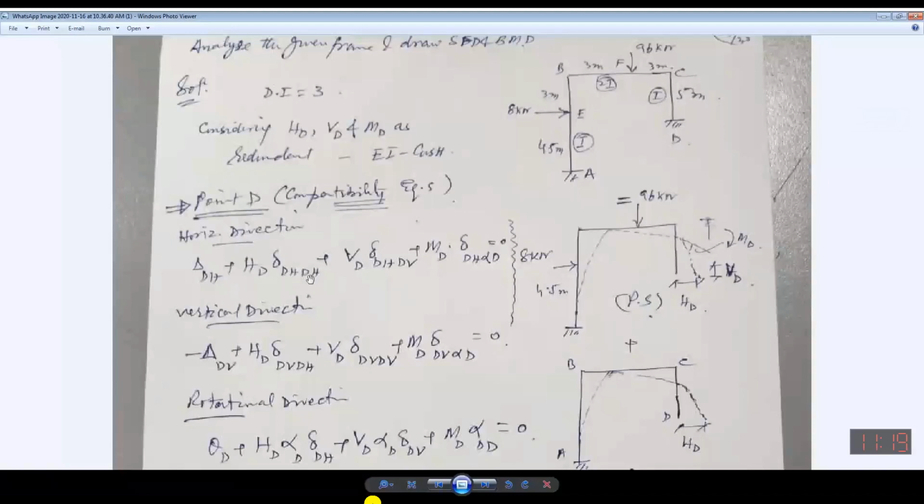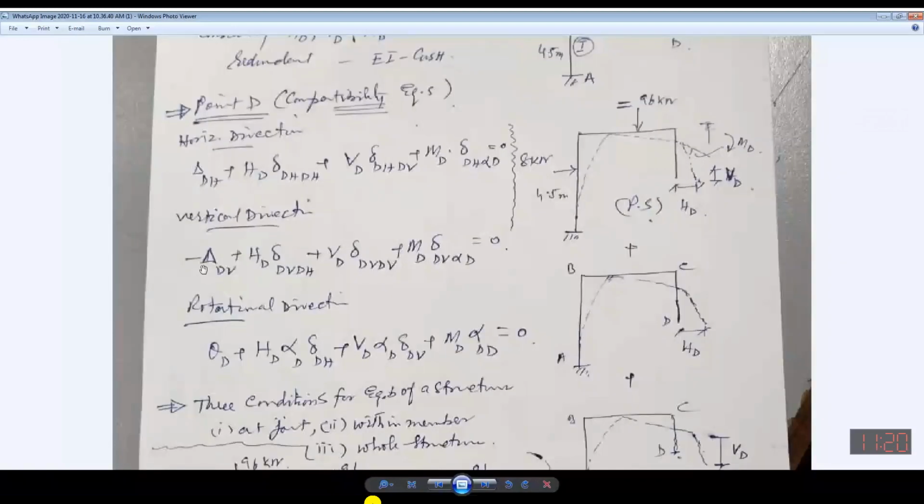Similarly, the displacement in the horizontal direction due to vertical loading. This is the displacement due to applied moment in the horizontal direction, due to moment. Similar is the case with this one. Now, in this case, I have considered the vertical direction.